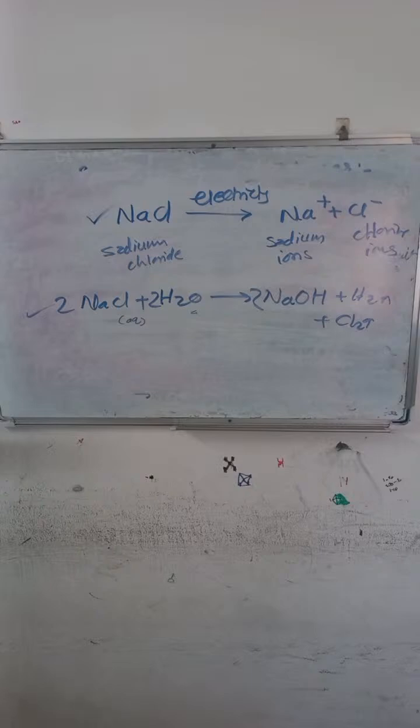Second, mention the ion whose concentration increases with increase in pH value. Okay, I will repeat this. A liquid has pH less than 7, which represents an acidic solution. First, state the nature of solution if its pH increases from 7 to 14. Second, mention the ion whose concentration increases with increase in pH value.